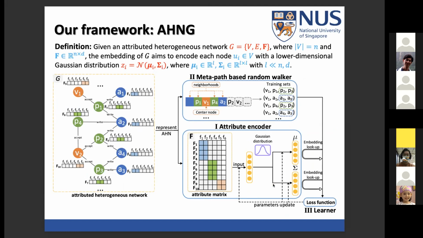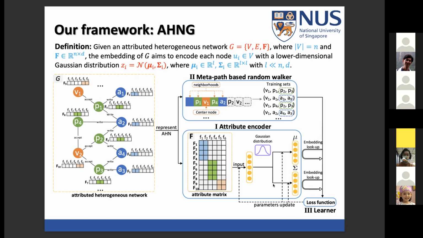And each dimension of the vector will have to conform to a Gaussian distribution. So it's like instead of using a fixed encoder, we use a variational encoder. Instead of predicting a fixed embedding, we predict the distribution, to improve the randomness of the model.